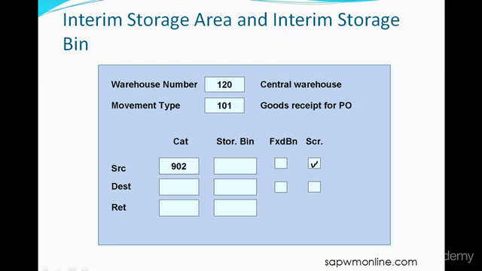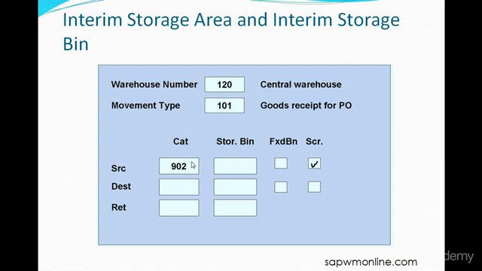So what you see on the screen is a setting that you would typically see when you open the movement type customizing for a warehouse. So you have a warehouse number on the top and you have the movement type for goods receipt, 101. The source bin is defined in this place, which is 902 in our case.